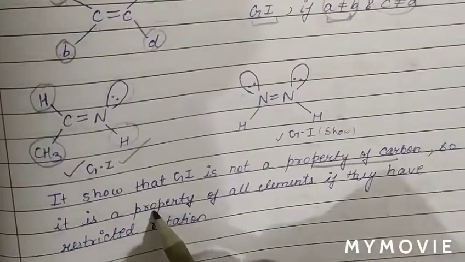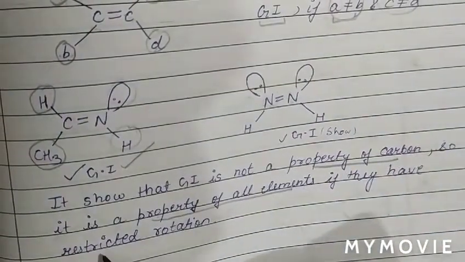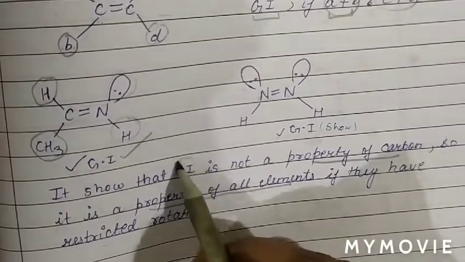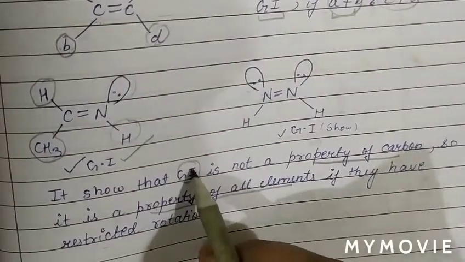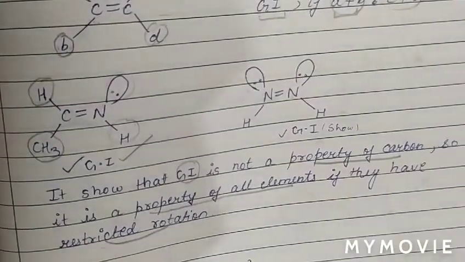It is a property of all elements, like nitrogen here, if they have restricted rotation. Geometrical isomerism is shown by compounds only due to restricted rotation.